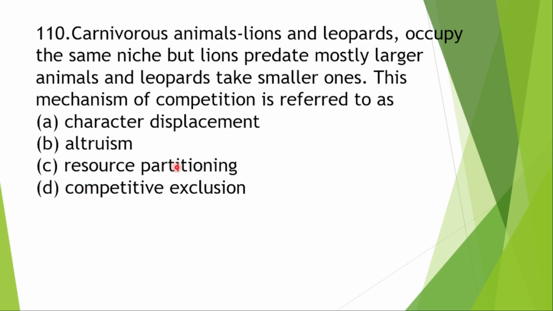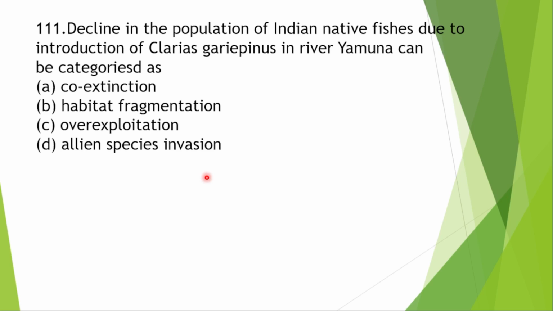So this is the resource partitioning, which occurs when species that compete for similar resources evolve to use them in different ways, at different times or in different areas to avoid competition.